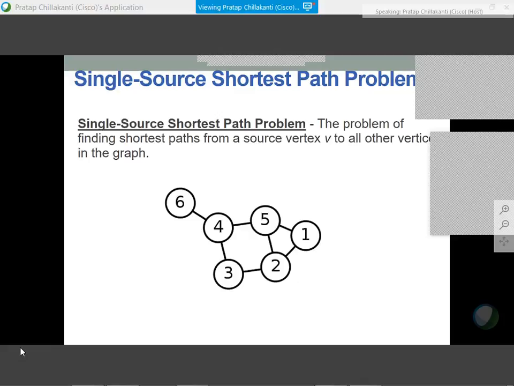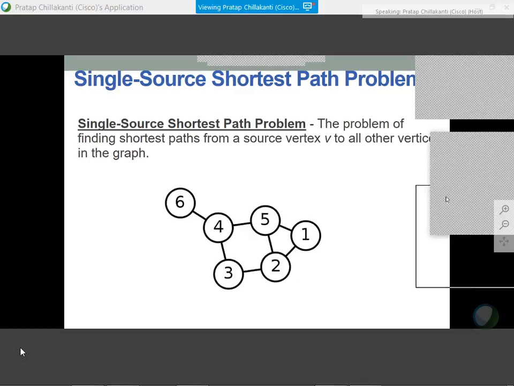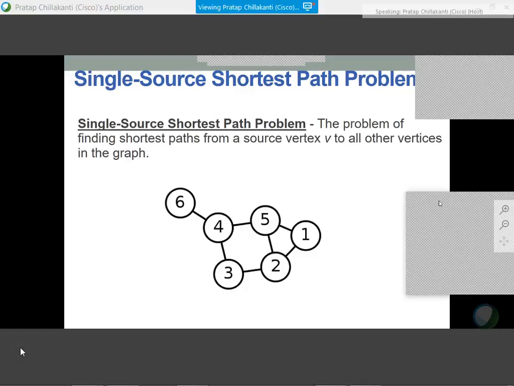So Dijkstra. When we talk about Dijkstra's algorithm, we are basically talking about a single source shortest path problem. Okay. So how do you define the problem? The problem is finding the shortest path from a source vertex, so that means there's a starting point, to all other vertices in the graph.